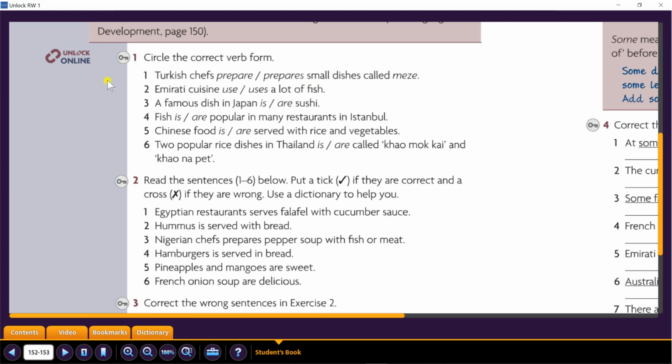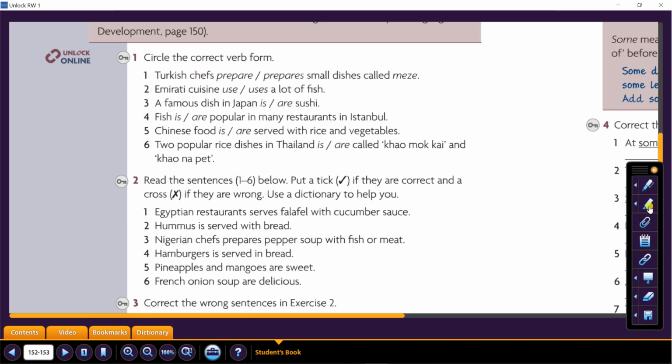Let me answer this for you. Turkish chefs. Okay, here we have Turkish chefs. Here we have S. So this is plural. What is the answer? Is it prepare or prepares with the third singular S, which indicates the singular?